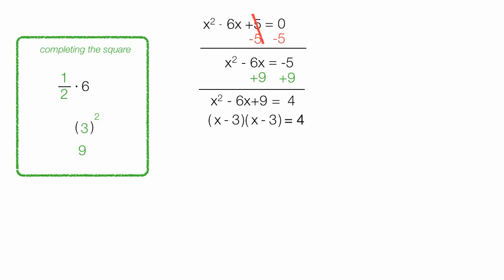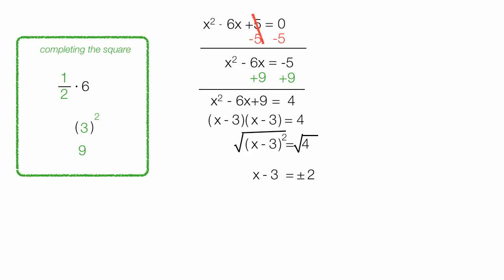Anyway, I rewrite this as x minus 3 squared is equal to 4. I take the square root of both sides of the equation, which gives me x minus 3 is equal to plus or minus 2. The square root of 4 is plus or minus 2 because 2 squared is 4, and also -2 squared is 4.